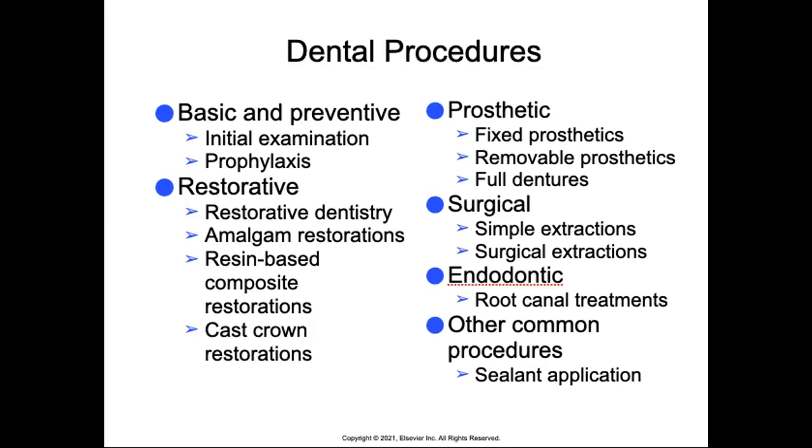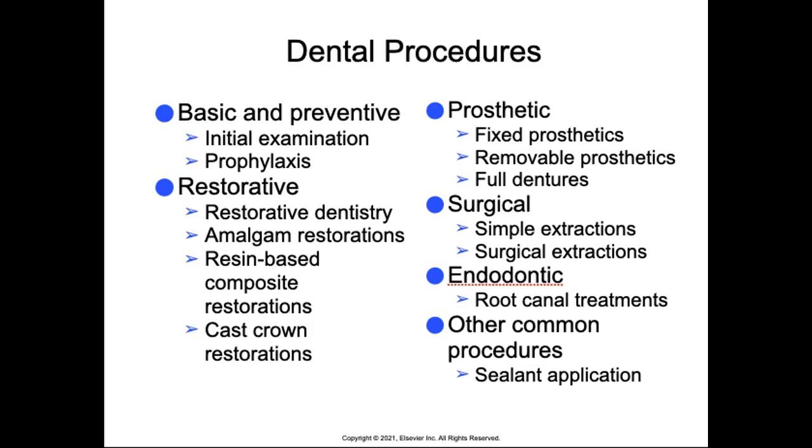These are also known as caps that are placed over teeth if the structure of the tooth is too deteriorated to hold a filling. We have prosthetic procedures that include fixed prosthetics like bridges or implants.